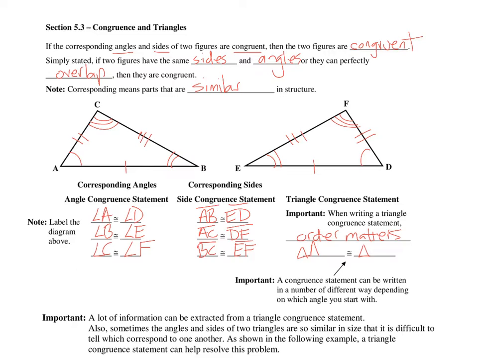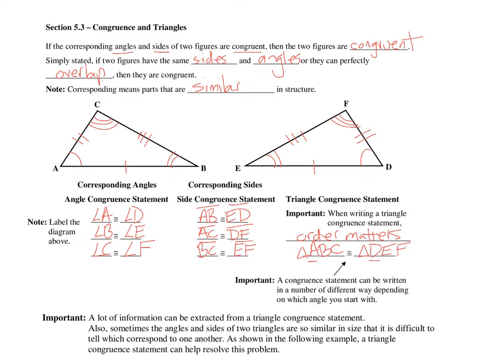If I start off with A here, what angle is A congruent to for the other triangle? That would be D. And then I have B. B is congruent to what angle for the other triangle? That would be E. And then I have C. C is congruent to what angle for the other triangle? F. All right, now I could have had the letters in a different order, but they should match up.